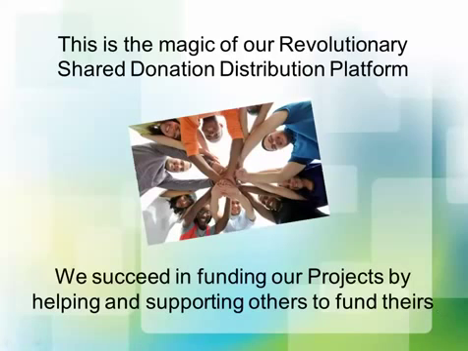On all other crowdfunding platforms, all the major ones out there, you're really competing with all the other projects, and you have to go get all the donations one by one for your project by yourself. On our platform, we're not so much looking for donations to our project as much as looking for other people who would like to get funded for projects they have. And by helping them get funded because of our donation distribution formula, our project gets funded on its own accord.